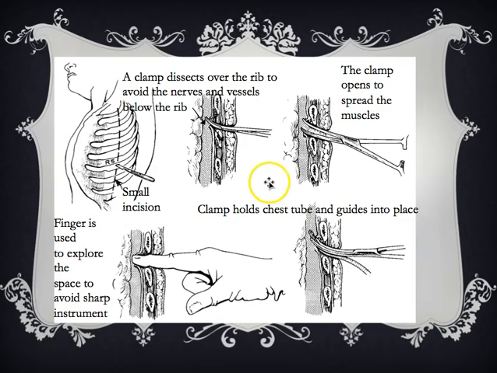Through that incision, they're going to push a Kelly clamp to go through the intercostal muscle into the parietal pleura. If you take a look at where this Kelly clamp is, you will see that it's riding right on the top of the lower rib, and that's really important because on the bottom of the upper rib run blood vessels and nerves.